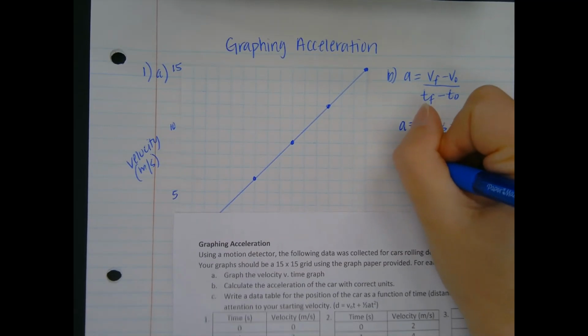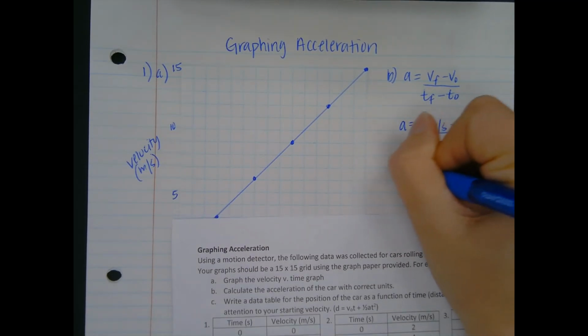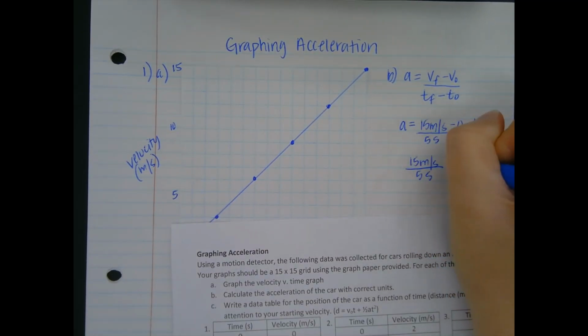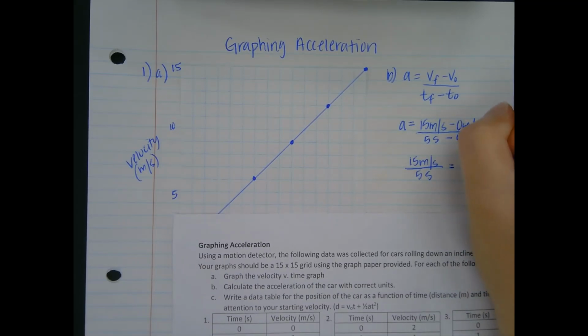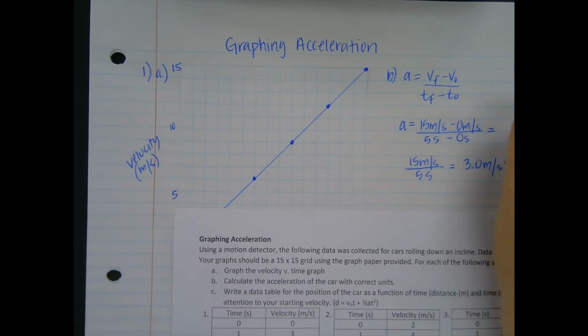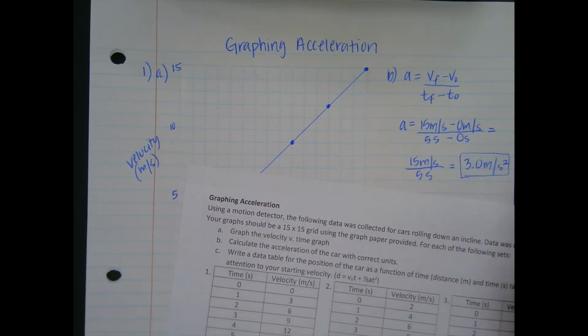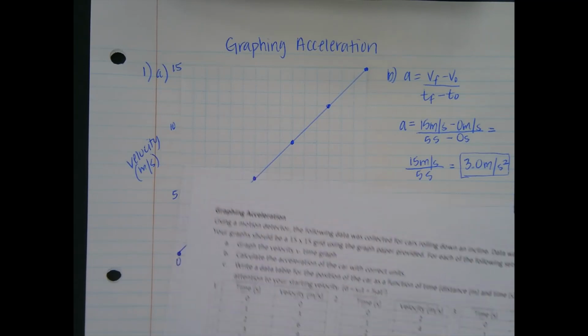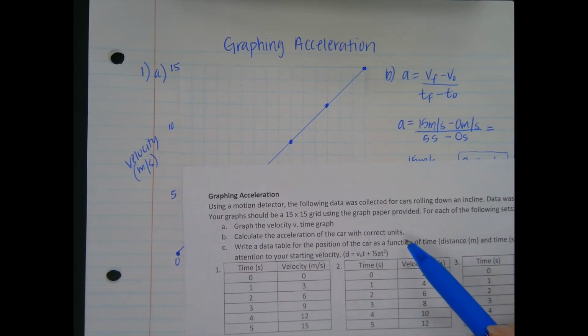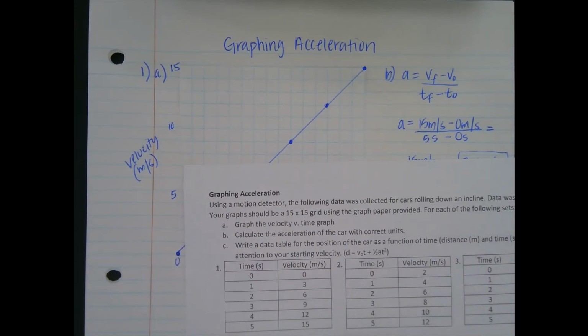So I end up with 15 meters per second over 5 seconds. So 15 divided by 5 is 3 meters per second squared. Note that the acceleration is in seconds squared. So that's part B, which is solving the acceleration of the car.